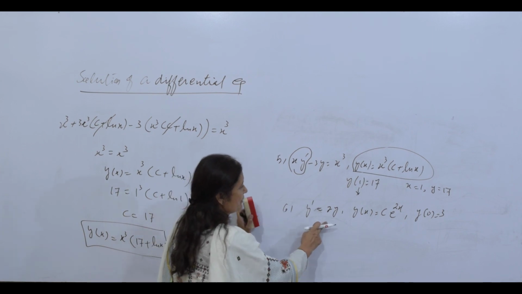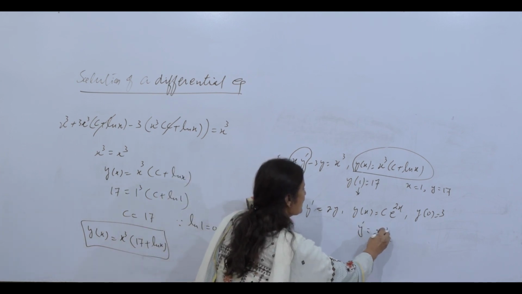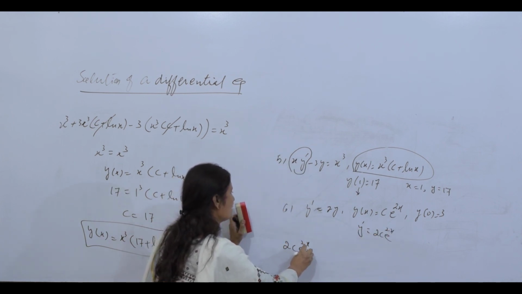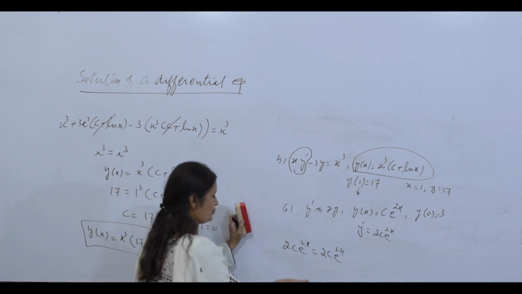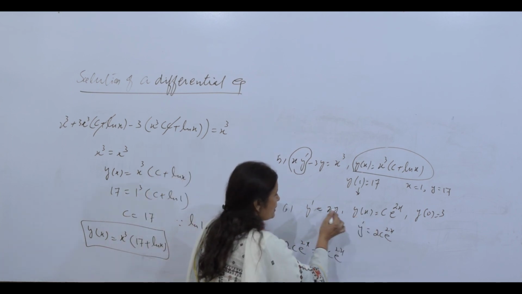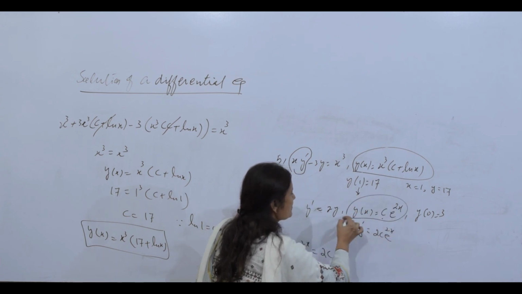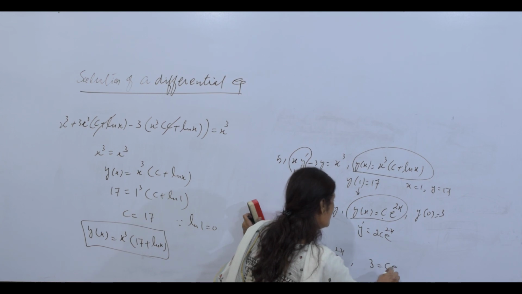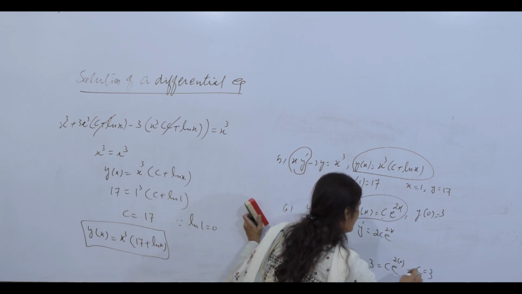Similarly, for this one, y dash is equal to 2ce^(2x). Putting here, 2ce^(2x) is equal to 2 times y, and y is ce^(2x). So this is going to be balanced. So the given function is a solution. To determine C: x is 0 and y is 3. 3 is equal to ce^(2 times 0), so c is equal to 3, since e^0 is 1.